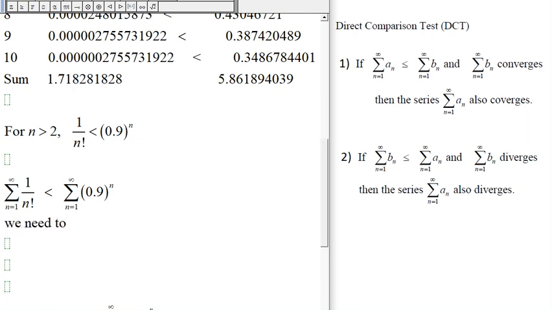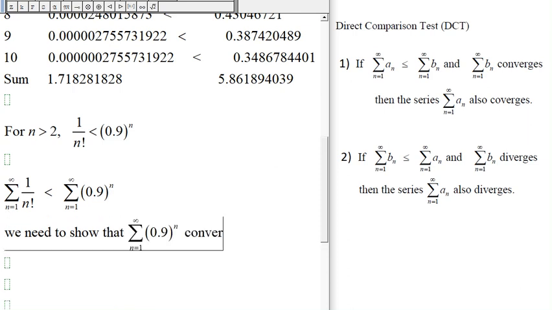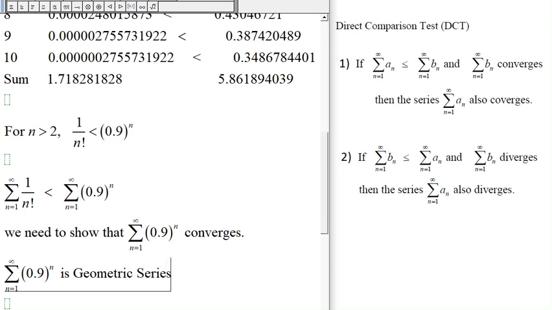B sub n is a geometric series with common ratio r, and r is between -1 and 1.